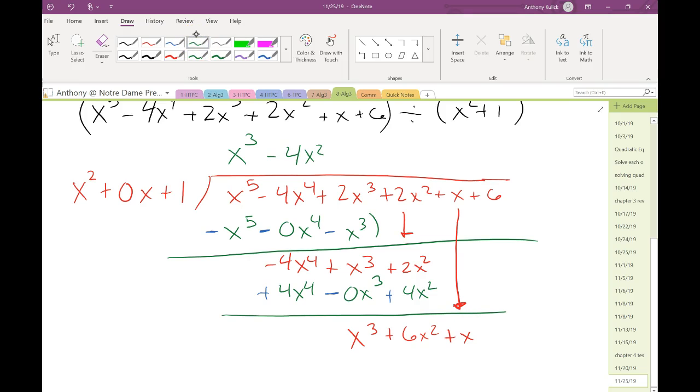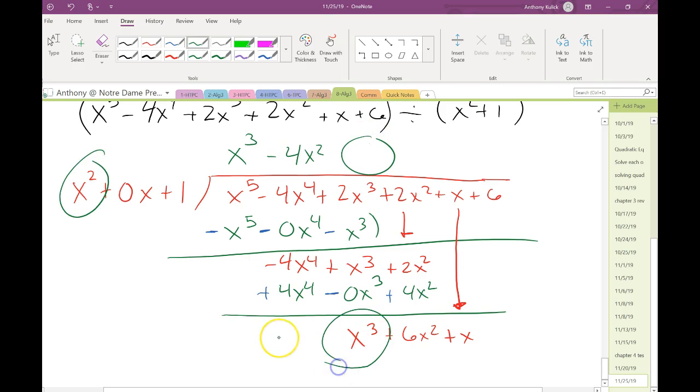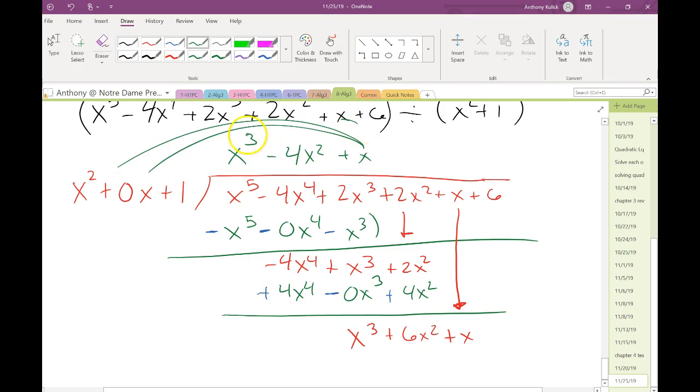Everybody still doing okay? So what times x squared gives us x cubed? X. Good. And then when I distribute this to all three pieces, I get x cubed plus 0x squared plus x.